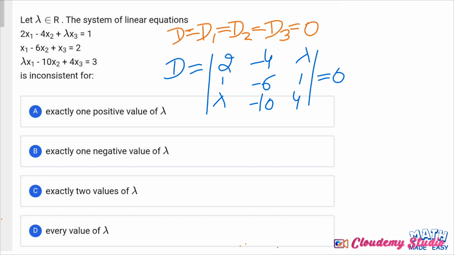On expanding, here we'll get lambda is 3 and minus 2 over 3.